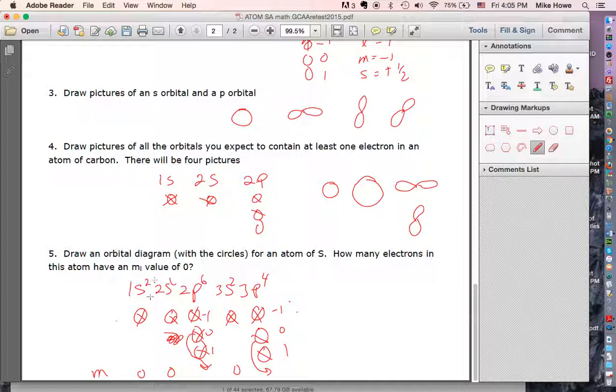Well, there's 2 right here, 2 right here, so that's 2, that's 2, this is 2, that's 2, but this is only 1. So our number of electrons with an m sub L value of 0, or an m value of 0, is 2, 4, 6, 8, 9. That'd be our electrons in the m equals 0 orbitals.